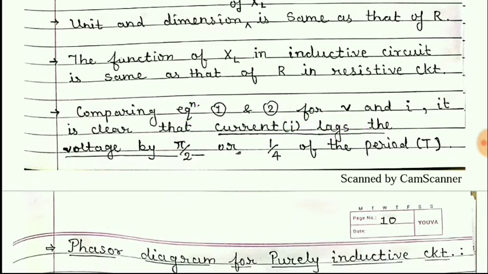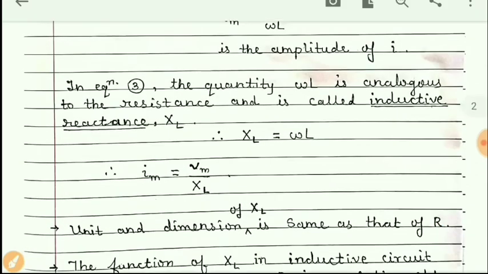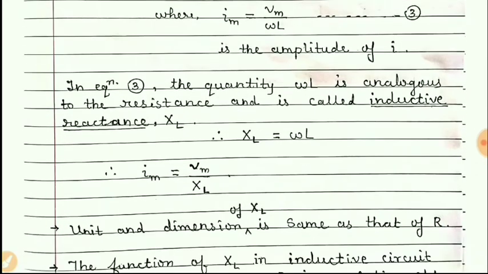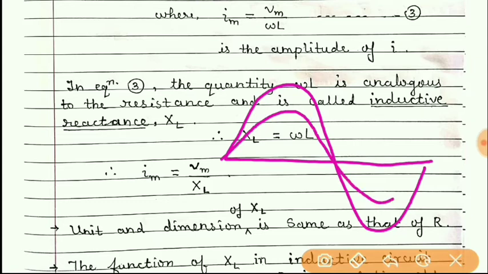Students, remember that in a resistive circuit we have seen that both current and voltage are in the same phase. Means if this is the graph for voltage, then the graph for current is also similar to that. So they are in the same phase. So the angle between the current and the voltage always remains 0, phi is equal to 0.